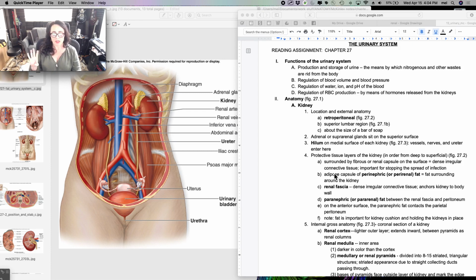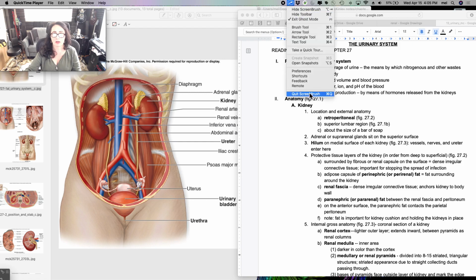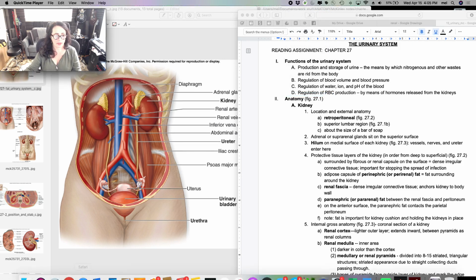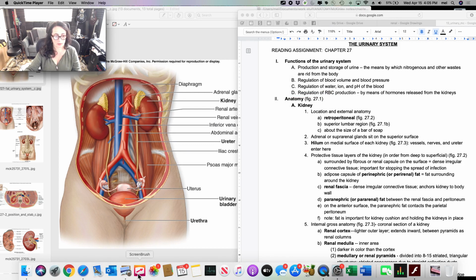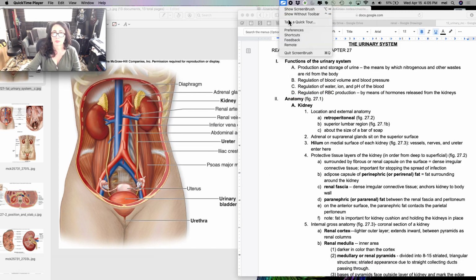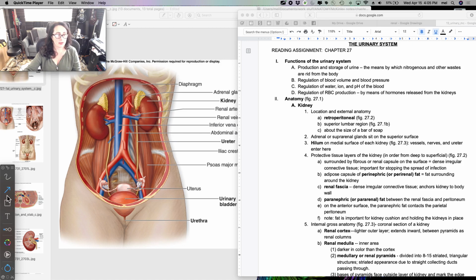Okay, so not only do the kidneys cleanse the water-soluble waste products from your bloodstream, but they're also really, really intimately involved with the cardiovascular system, because whatever goes into the urine came from the bloodstream.